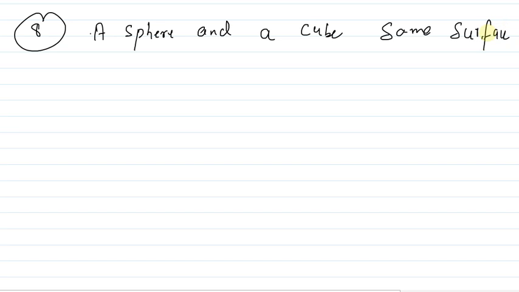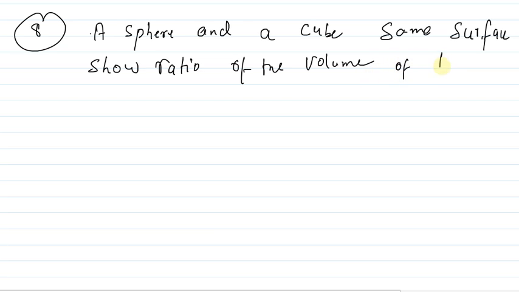So we have to show the ratio of the volume of the sphere to that cube. What we have to show? Show the ratio of the volume of the sphere to that cube.